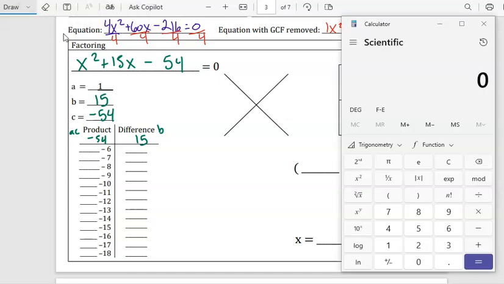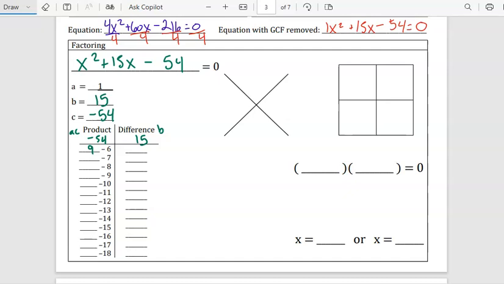Now from here, we want to divide the product by these numbers. So the first one is going to be negative 54 divided by negative 6. And that's 9. So we'll write 9 in that first blank. And then you'll repeat that.